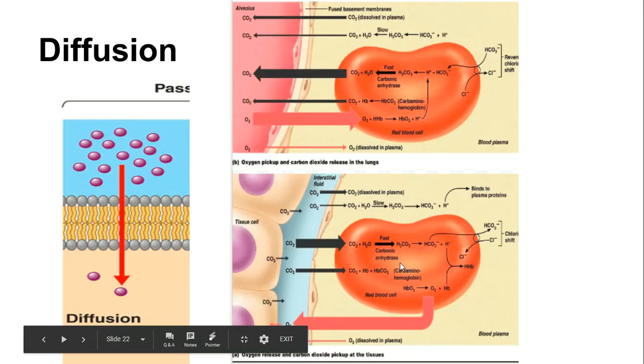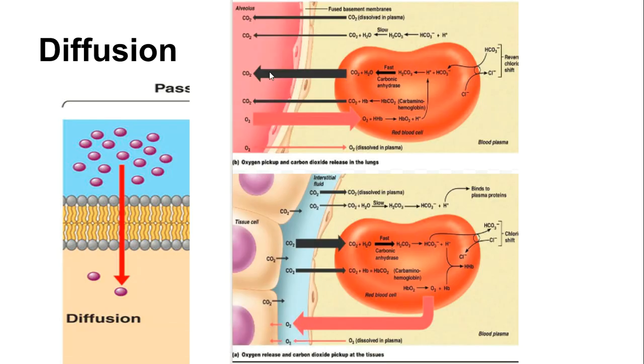As these red blood cells get rid of oxygen and gain carbon dioxide, they make their way to the lungs. In the lungs, there's not very much carbon dioxide, so it's going to go from high concentration on the red blood cell into the lungs. As you breathe in, you have a lot of oxygen in your lungs, and that's going to diffuse into your bloodstream and to the red blood cells, and the red blood cells will pick up that oxygen.